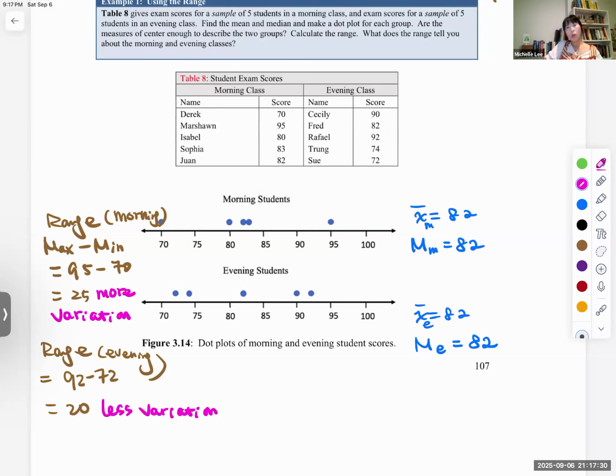Less variation means the data set is less spread out. So this one is less spread out than that, and we can see that visually. This one is more spread out. So let me write down: means less spread out.